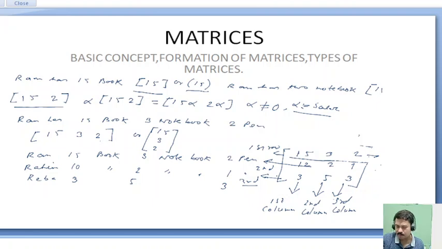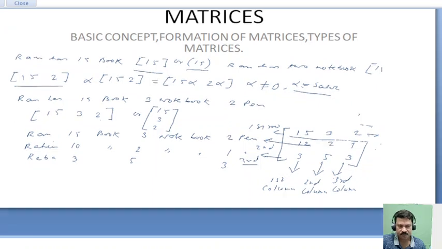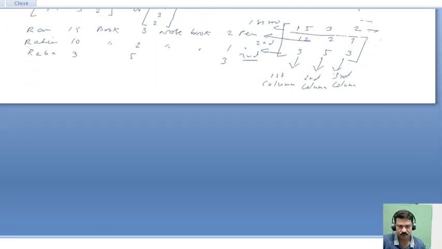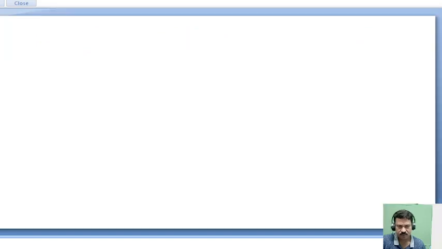Now we come to the definition. How is a matrix defined?